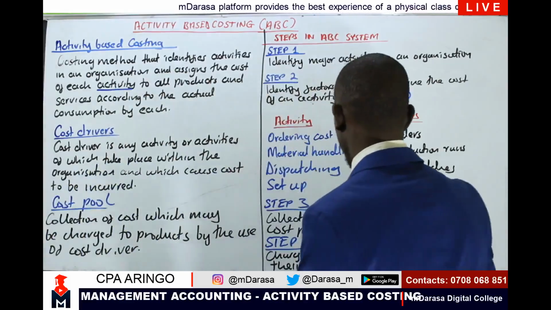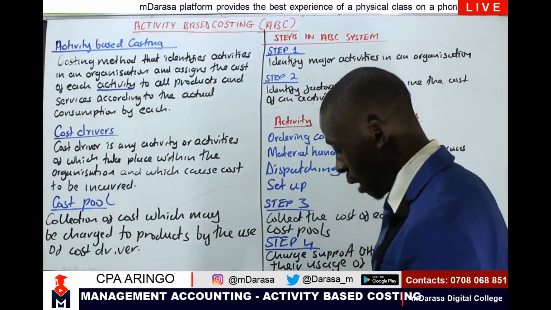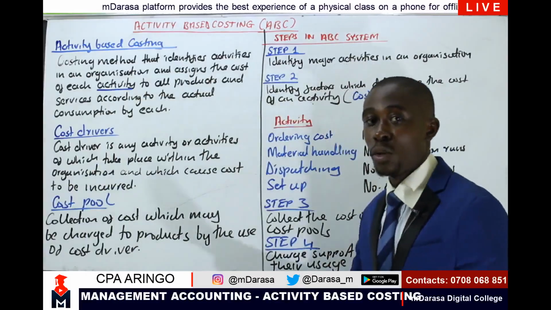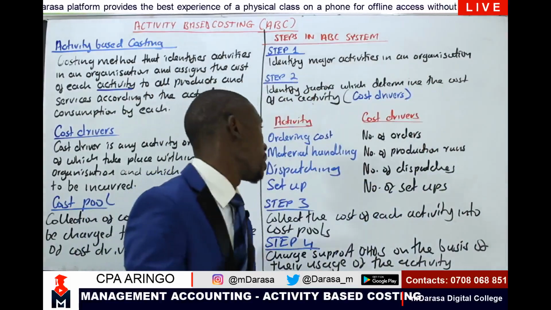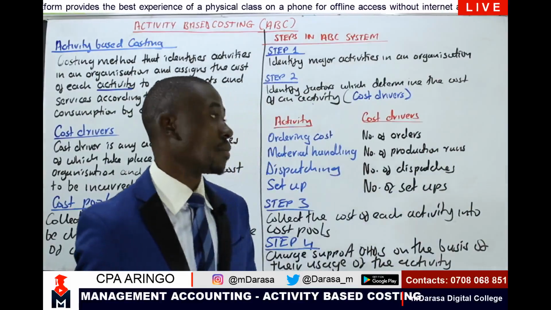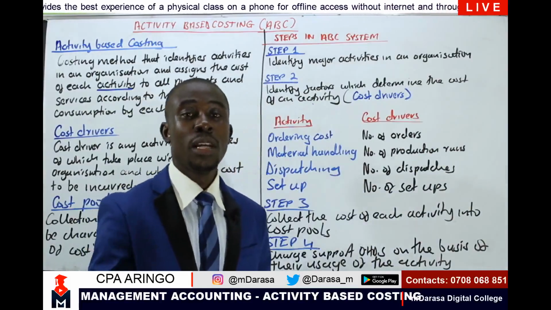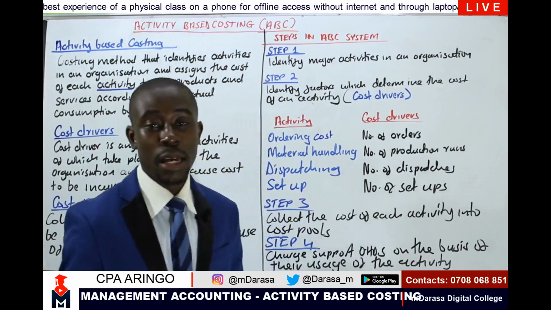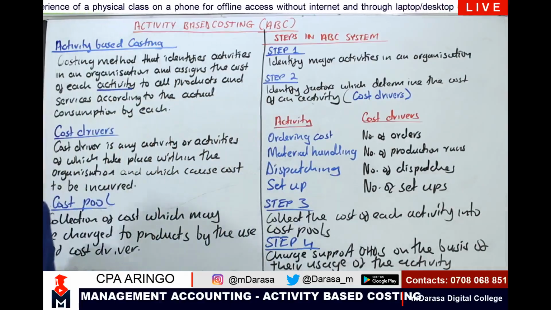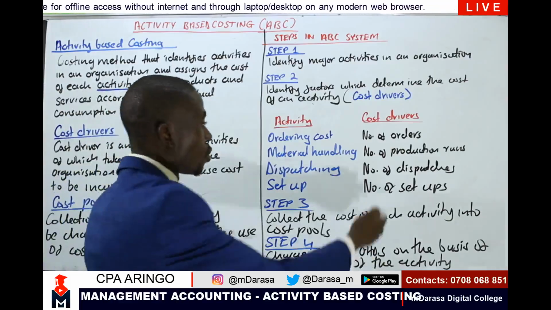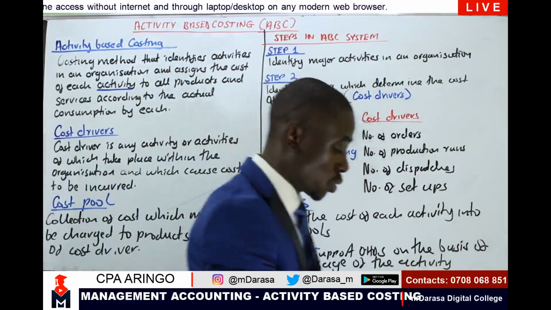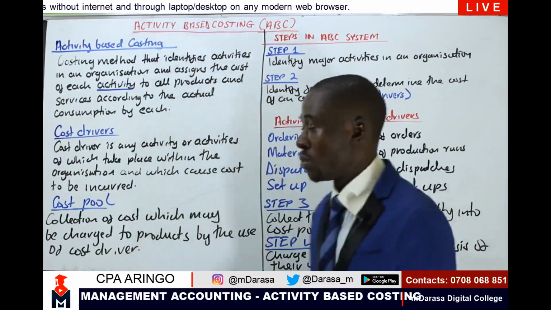Say, for example, the number of orders. For product A, how many orders will we be having? Or say setups, for product A or product B, how many setups will we be having? That's why you are mentioning that the usage of an activity is measured by the number of the activity cost driver it generates. So we identify the cost drivers, and then also the number of the cost drivers that we'll be having.